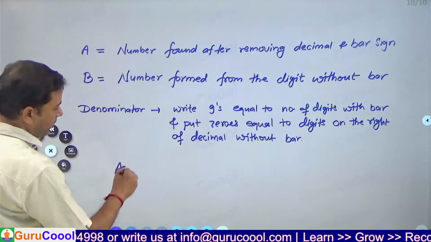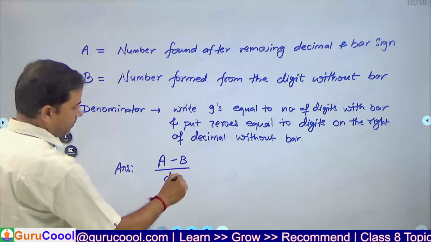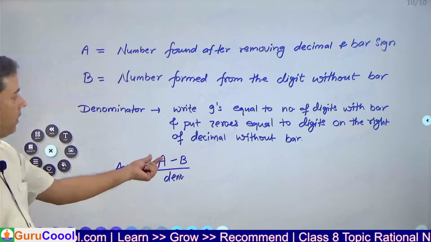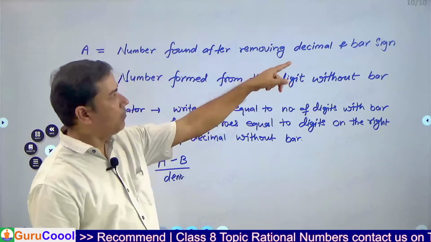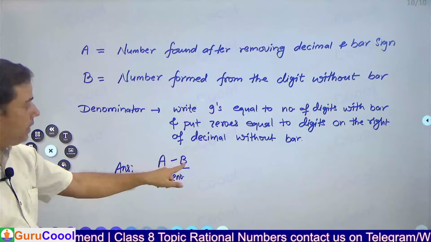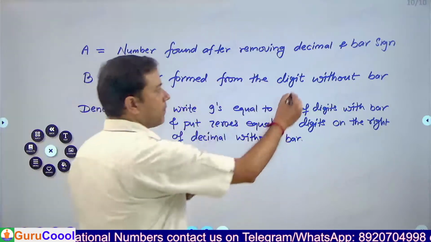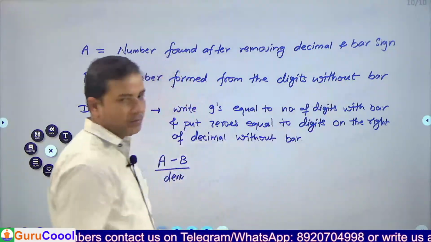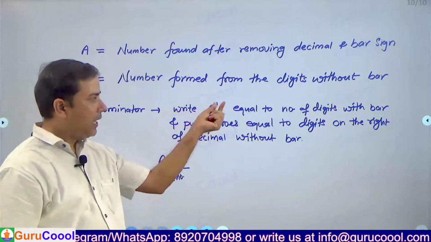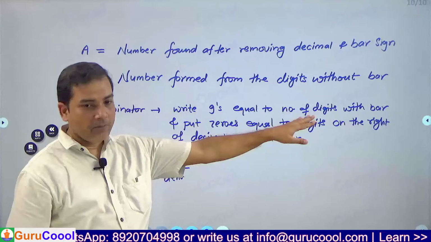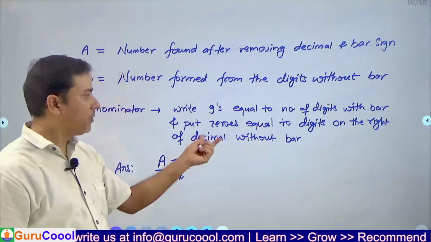So the answer would be A minus B by denominator. A is the first number, the number found after removing decimal and bar sign, minus B. B is the second number formed from the digits without bar, and for the denominator, write nines equal to the number of digits with bar and put zeros equal to the digits on the right side of the decimal without bar.